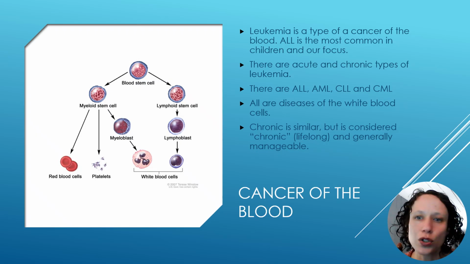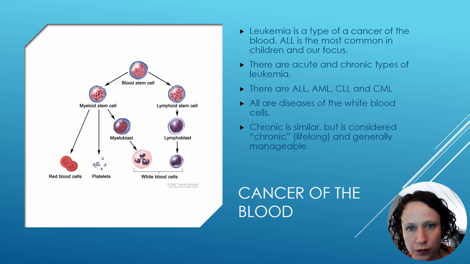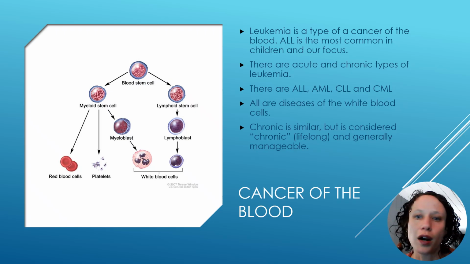However, there are 4 different main types of leukemia. There's acute leukemia and chronic leukemia. There are ALL, AML, CLL, and CML. ALL is the most common one in peds, and it's typically what you see, okay?